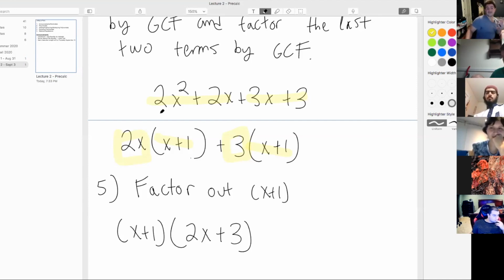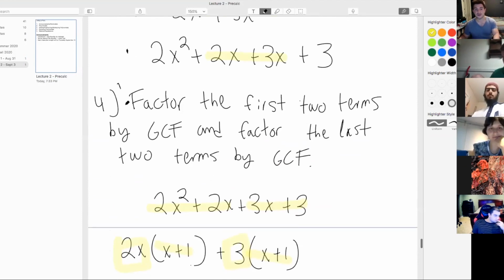So if you can't, try swapping the order, and then it should work. Thank you. Yeah, that's a good question. So basically just try both and see if step 4 works.